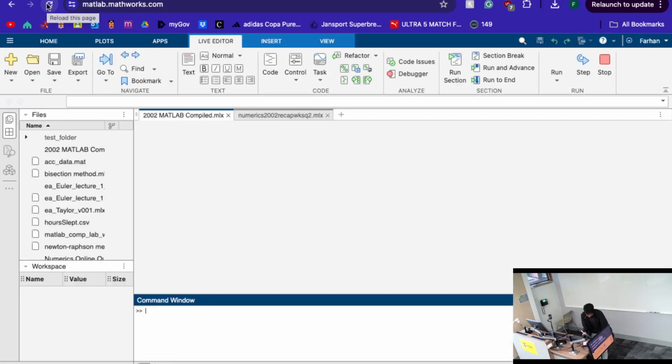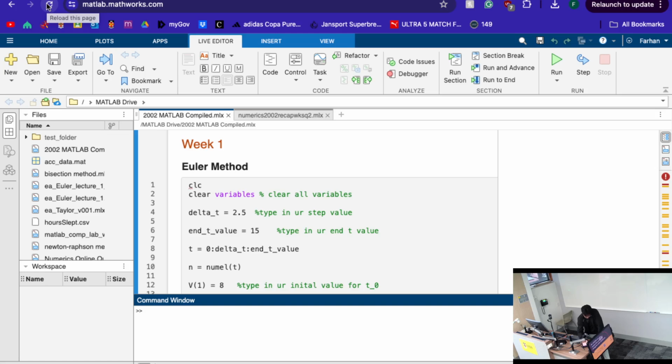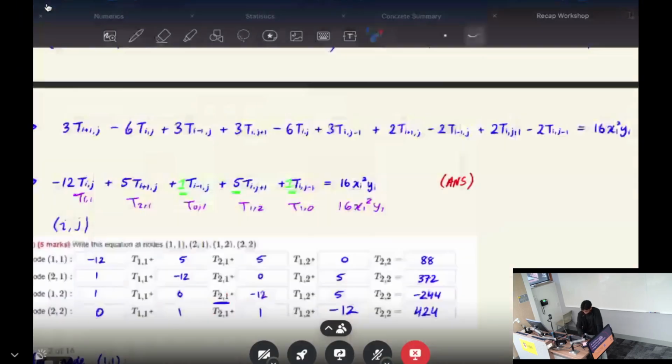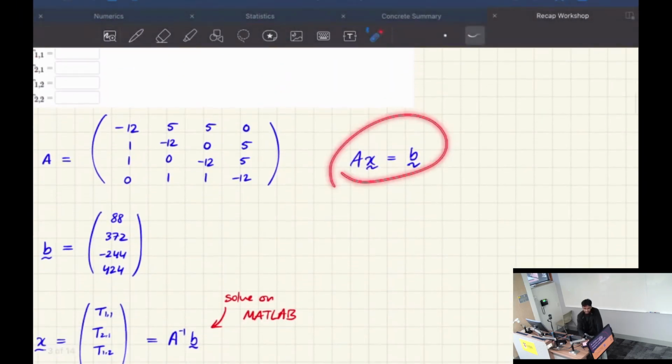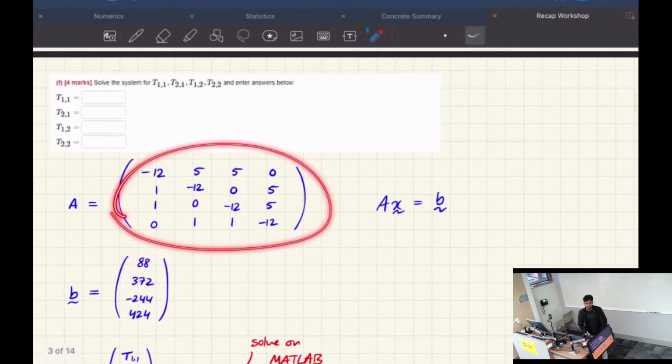Okay, so we want to find these internal points, a matrix for that, right? And so we can form a matrix using these coefficients. So I've put this over here. We're trying to solve for AX equals B. B is equal to the points that we found on the right-hand side. So AX, we're solving for X, right? We know what A is and what B is. A is just formed through the coefficients.